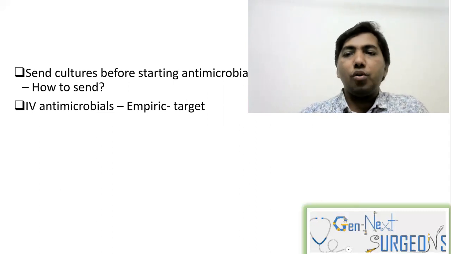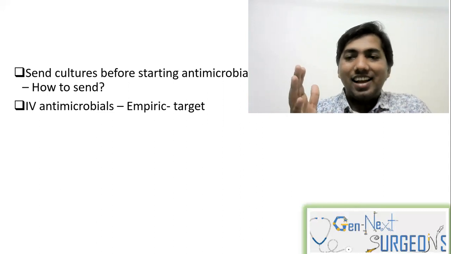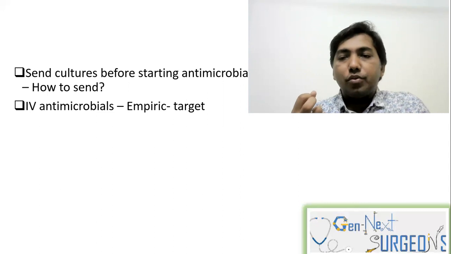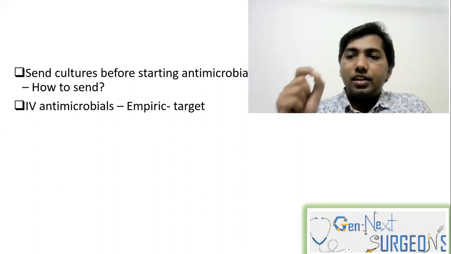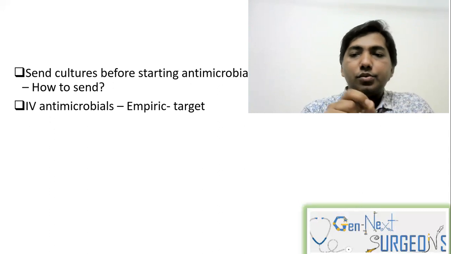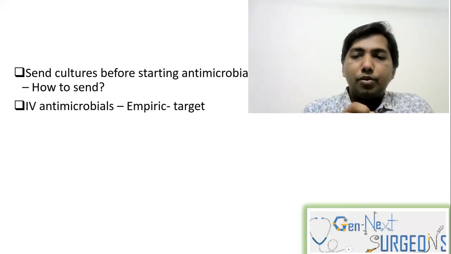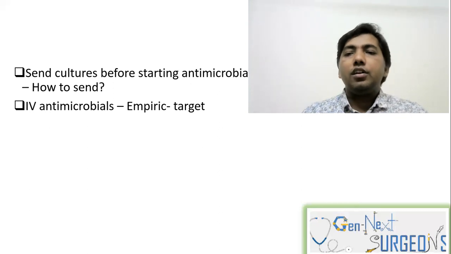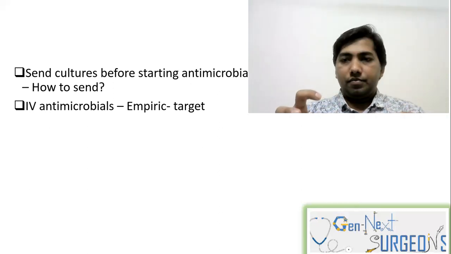So our target will be all suspected responsible organisms. And when we get the culture sensitivity report, then we will kill that organism specifically. That E. coli is responsible and that antibiotic is sensitive. Then it is more specific, but empiric means I will target everything.